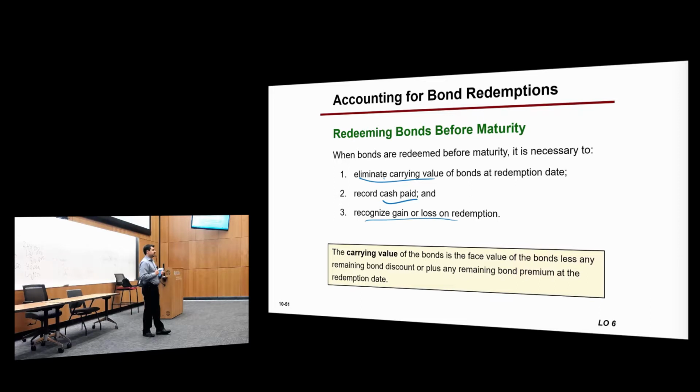This will affect what? The carrying value. Because the carrying value is the face value less any unamortized discount or plus any unamortized premium. You mentioned, I'm sorry.